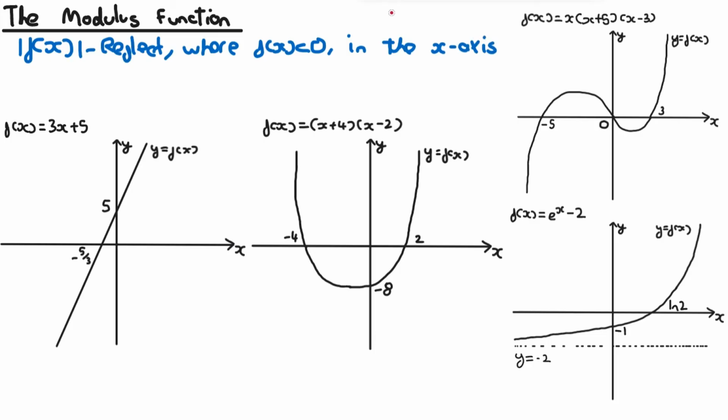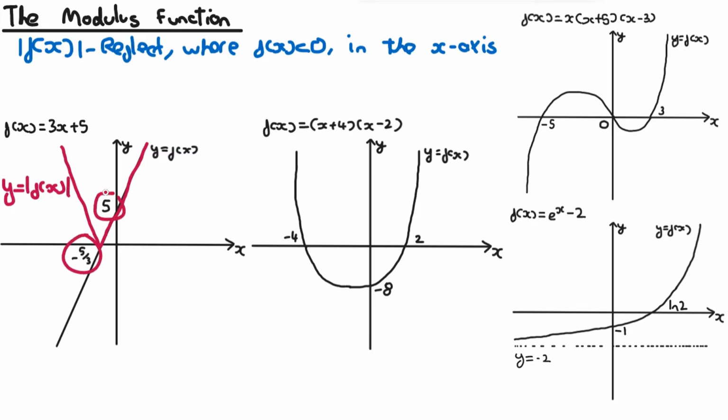So we've seen this already with the straight line examples. I'm just going to do one more example to kind of aid this explanation. So this part here is fine because it's on top of the x-axis, so this is unaffected. But this is below the x-axis, so this is going to be mirrored in the x-axis, so it's going to be like this, where this is y is equal to the modulus of f of x.